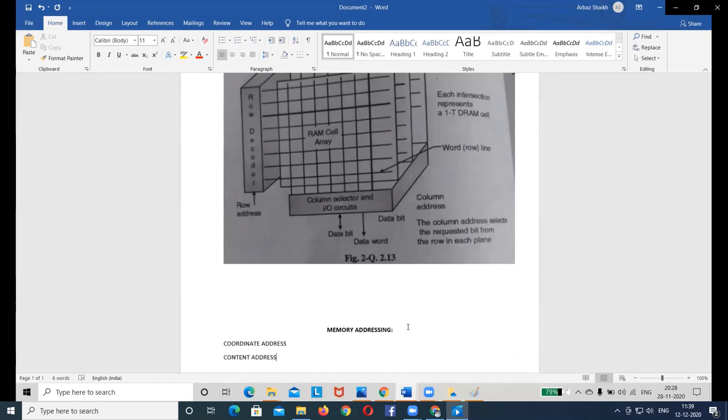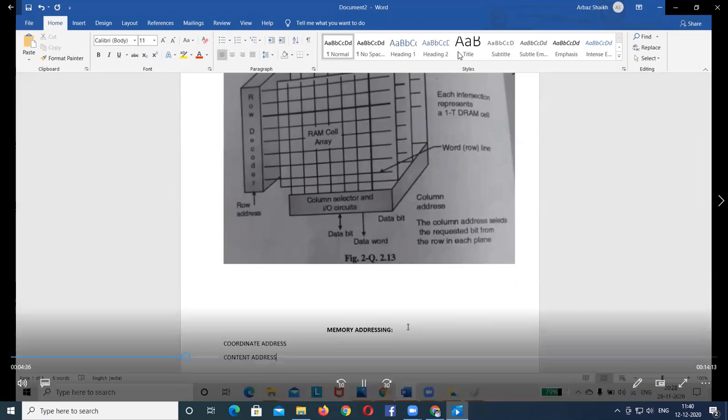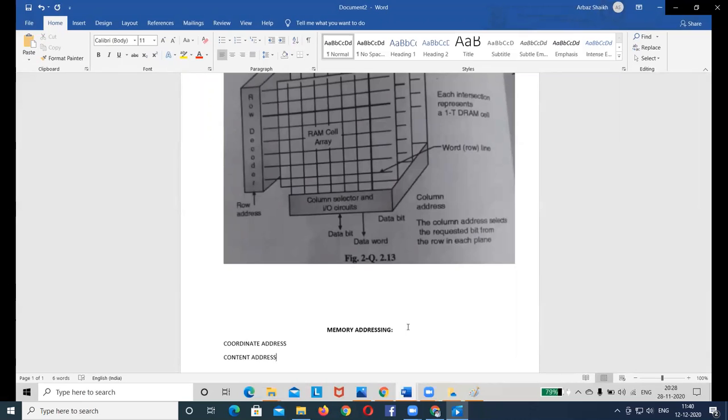In this case, coordinate address memories are typically constructed as a collection of individual units, such as chips, each capable of storing a limited number of bits. Next is the content address, which is also called associative.